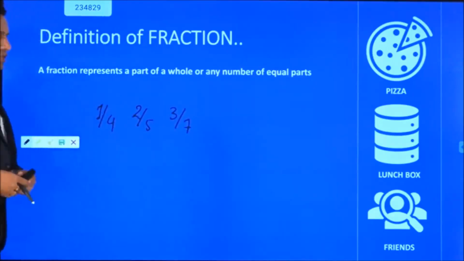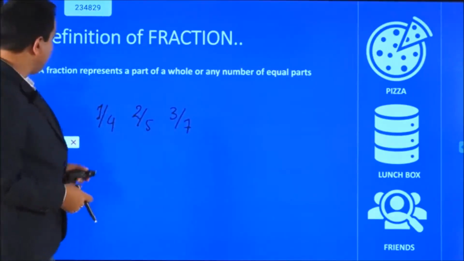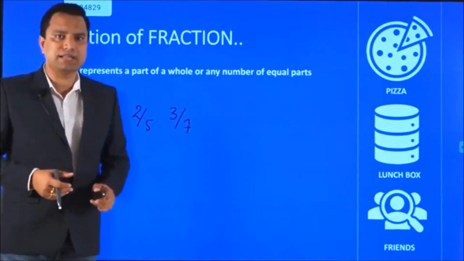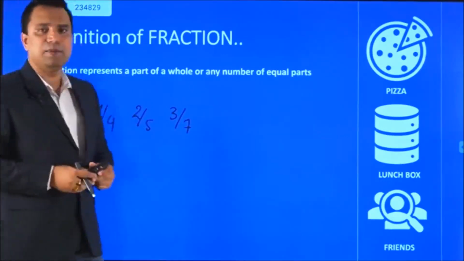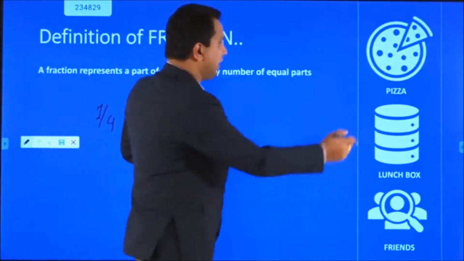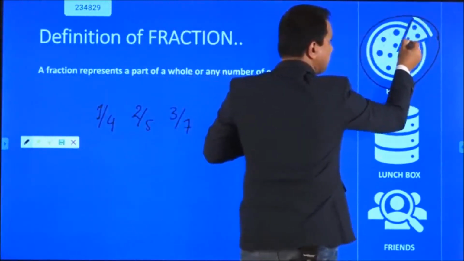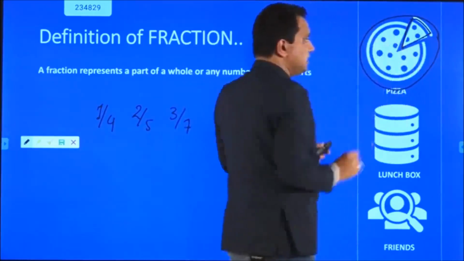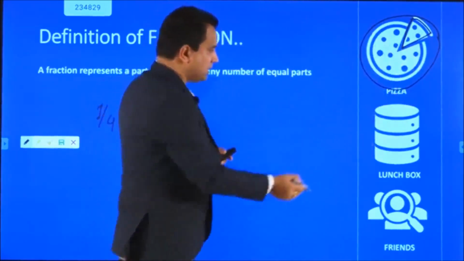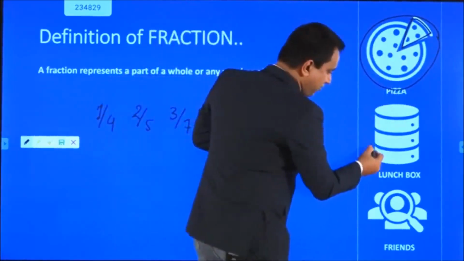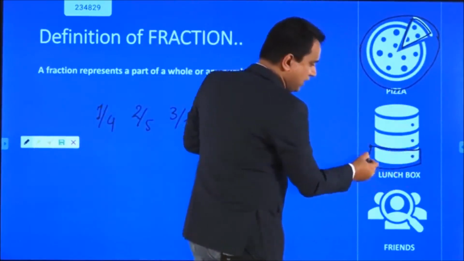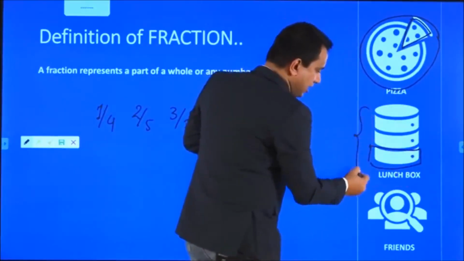So now, coming to the definition: a fraction represents a part of a whole or any number of equal parts, right? For example, this is a whole. The slice of pizza that you have picked up here is a part of the whole pizza. The same way, your box of rice at the bottom of the lunch box is a part of your entire lunch box.